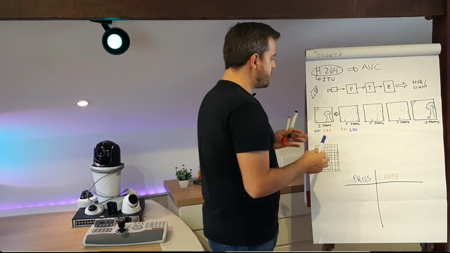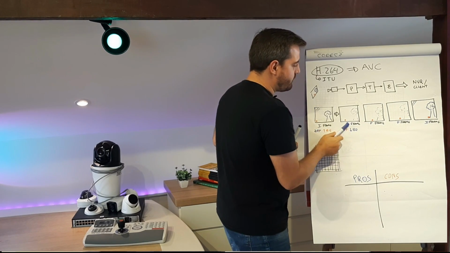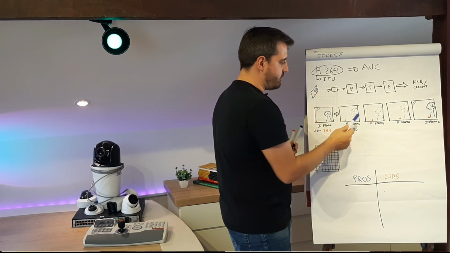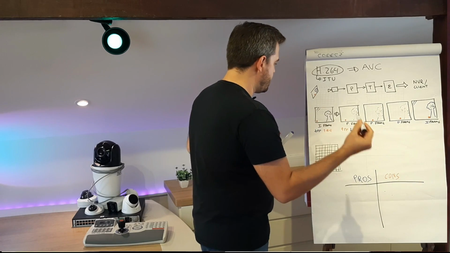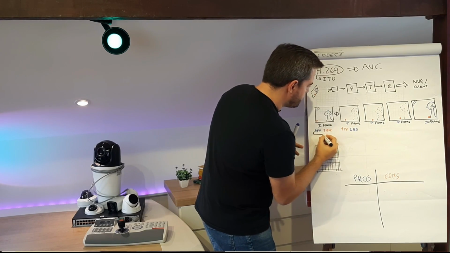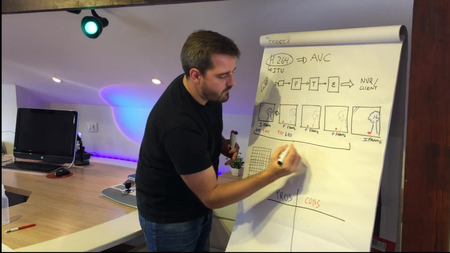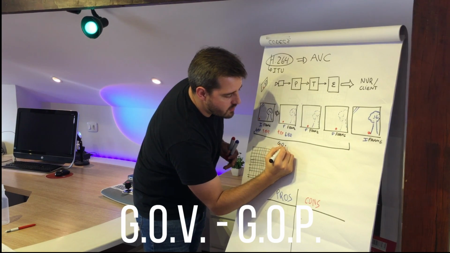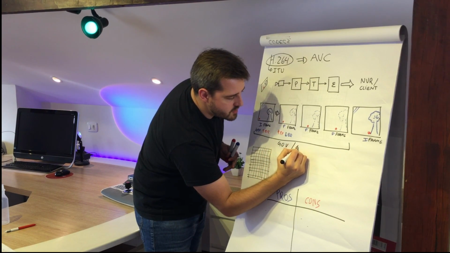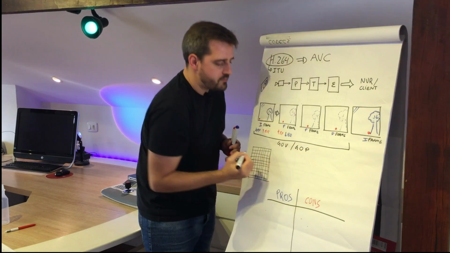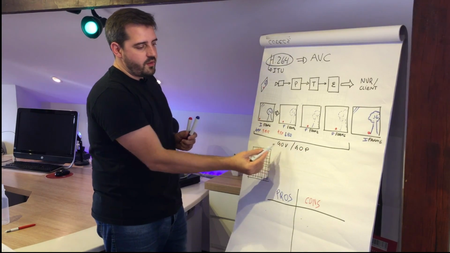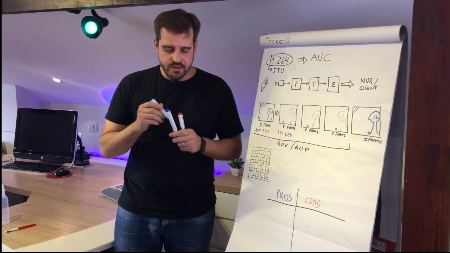And what determines this, the number of P frames and iframes, is something called GOV or GOP. Group of video or group of pictures is the same.